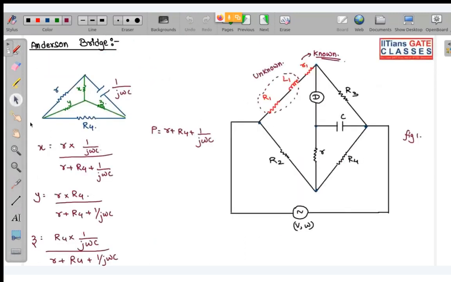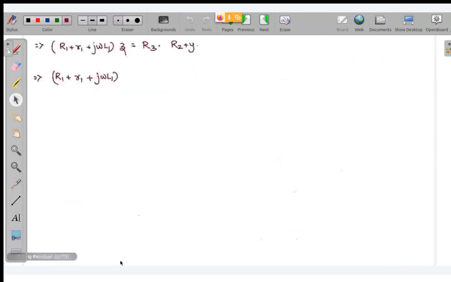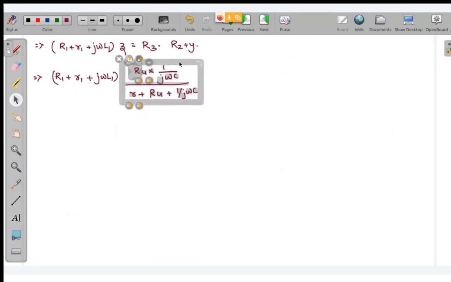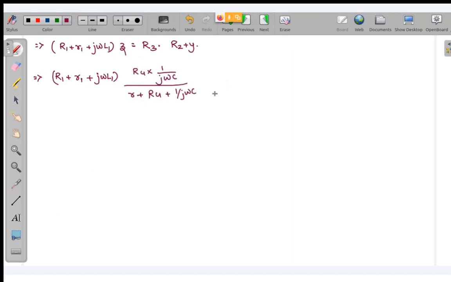Z is this value, is equal to R3 into R2 plus Y. So what is Y?